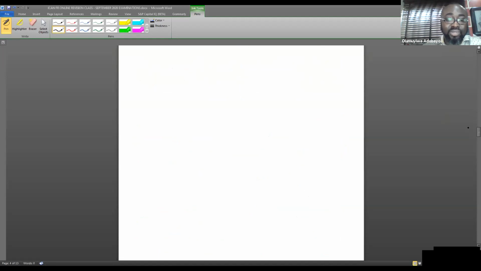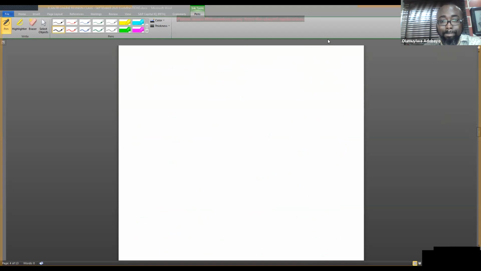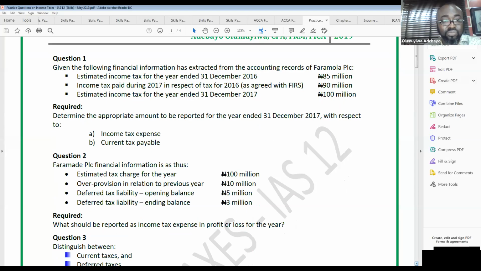Now, similarly, we can also use that same methodology for the second question. Now, the second question says, Paramount PLC financial information is as thus.